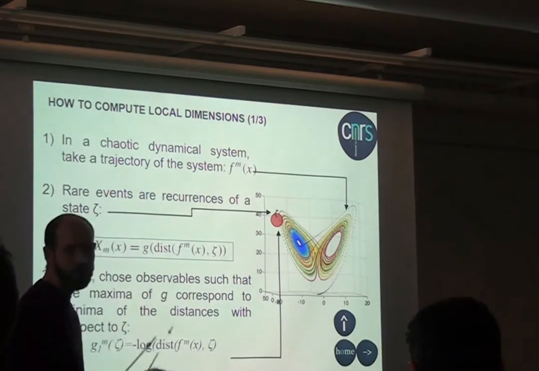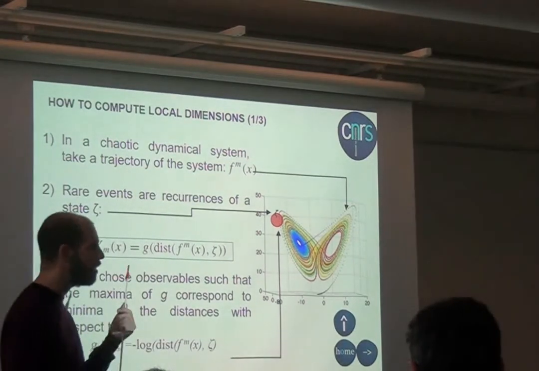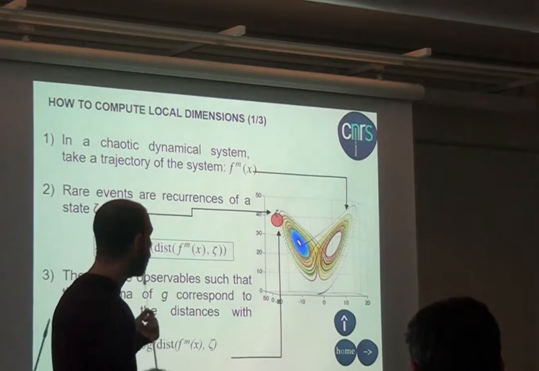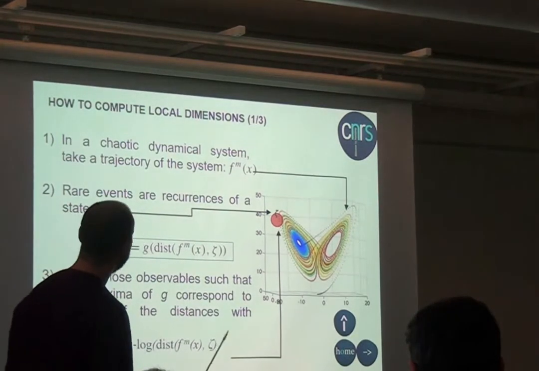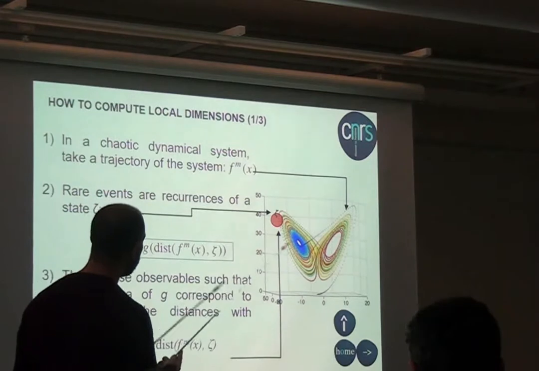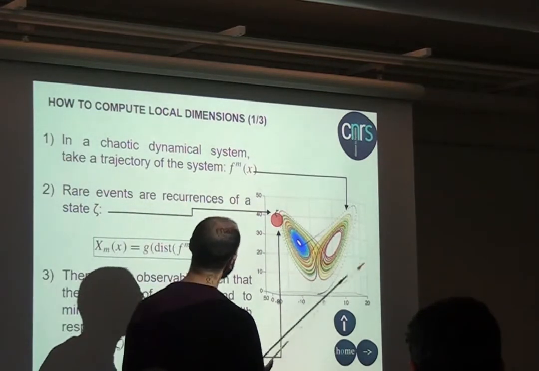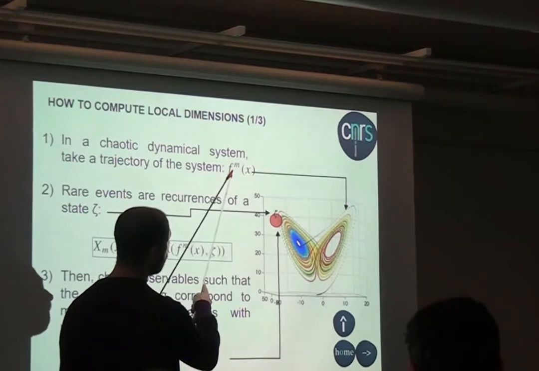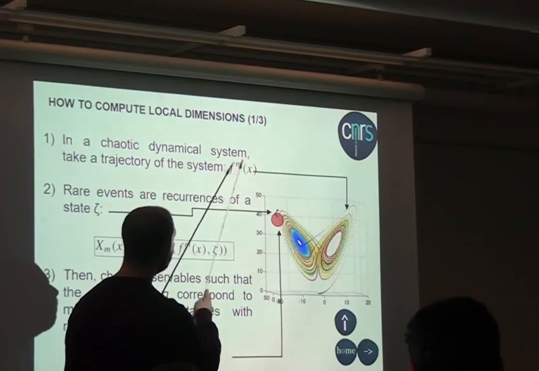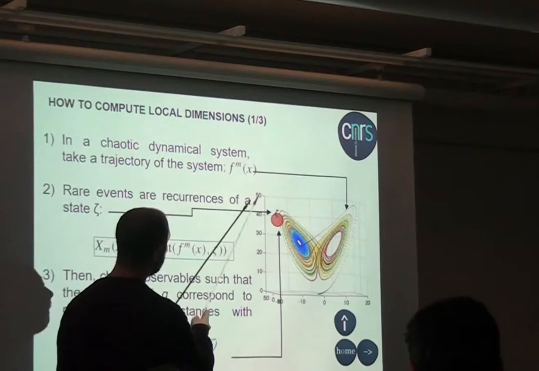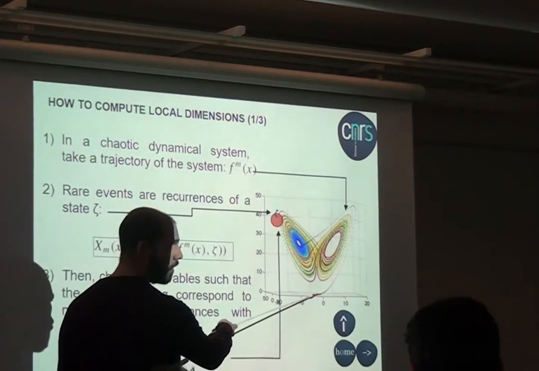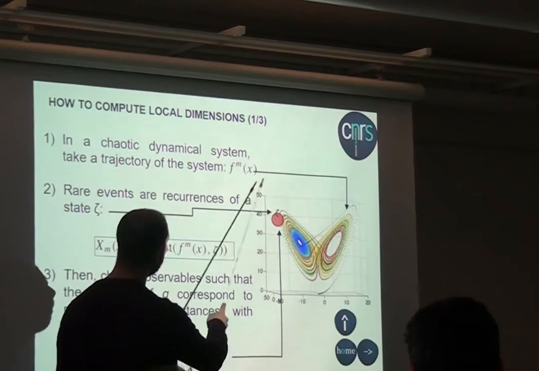So let's see very briefly how we can compute this local dimension. It's just to give you the flavor of what the technique is. I'm not going into the details of the theorem, but the idea is very simple. So we have a trajectory that now I consider discrete with a time m, okay? So I do m iterations of the trajectory starting from the point x, that is this guy. It can be a vector, can be a tensor, can be whatever you want.